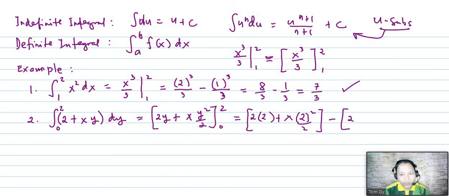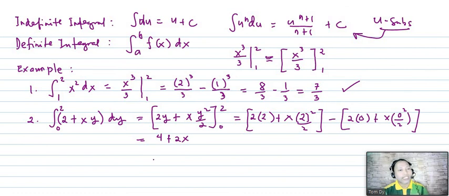Of course, 2 times 0, substituting the lower limit 0 for y, plus x times 0 squared over 2, which is equivalent to 0. So this one now is 2 times 2, that is 4, plus 2 squared, that is 4, divided by 2, that is 2 times x, that is 2x, plus 2x. That will be our final answer.